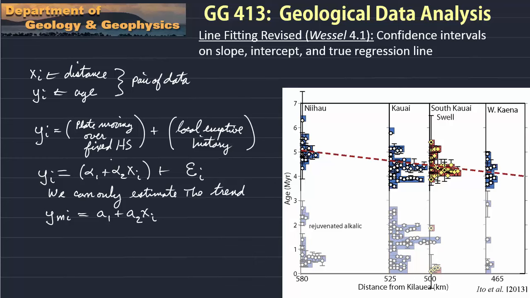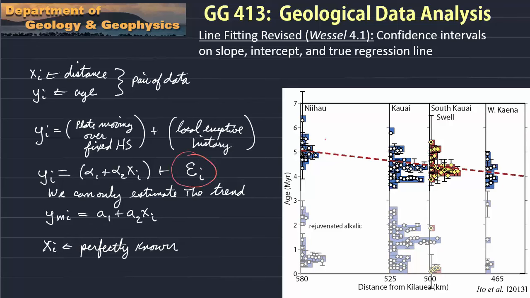So when we formulate the problem like this, we're assuming that x is perfectly known. So we're assuming that we know the location of each volcano relative to the hotspot, and that all the uncertainty is related to this epsilon term.